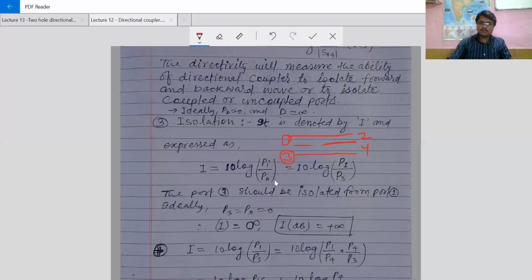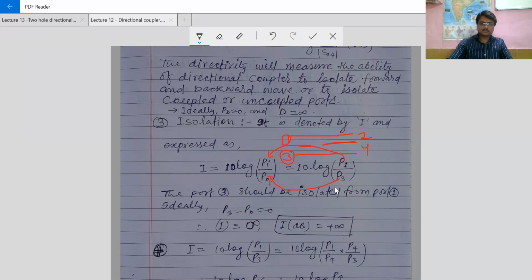Because this is the back power, P3 will also be written as PB, and P1 will also be written as Pi. So isolation is 10 log P1 upon P3, the input power to the isolated power or back power.